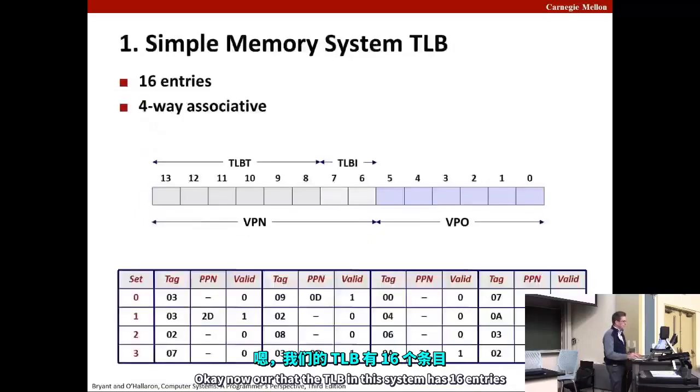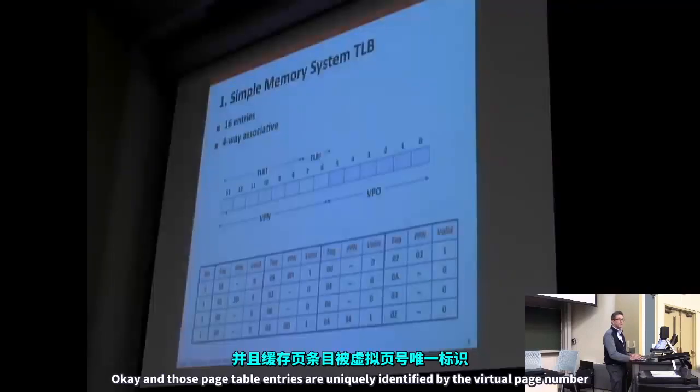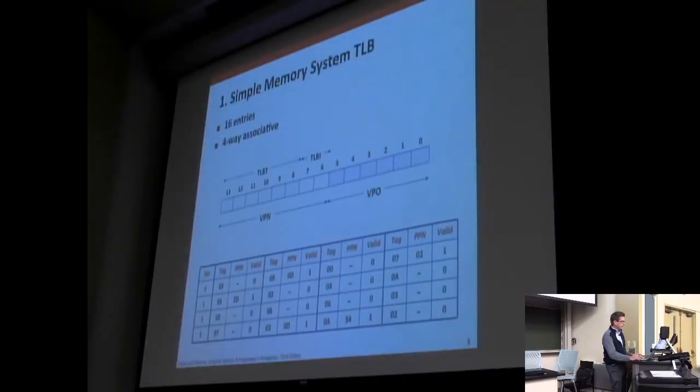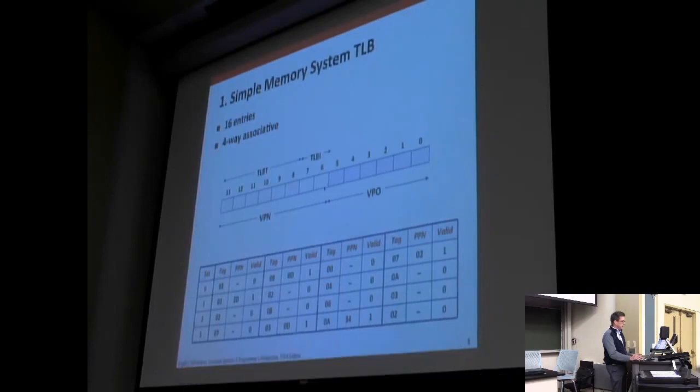Now, the TLB in this system has 16 entries, and it's 4-way set associative. You remember that the TLB caches page table entries, and those page table entries are uniquely identified by the virtual page number. So we only need to use the VPN to access entries in the TLB.